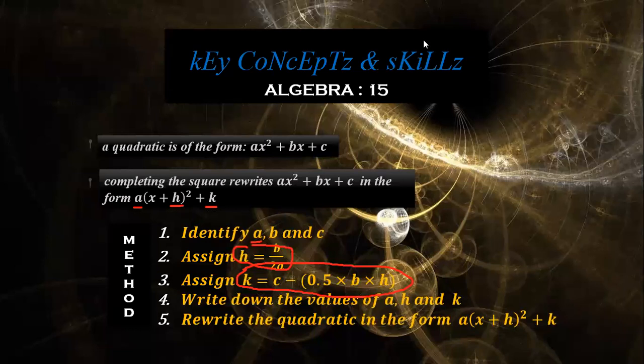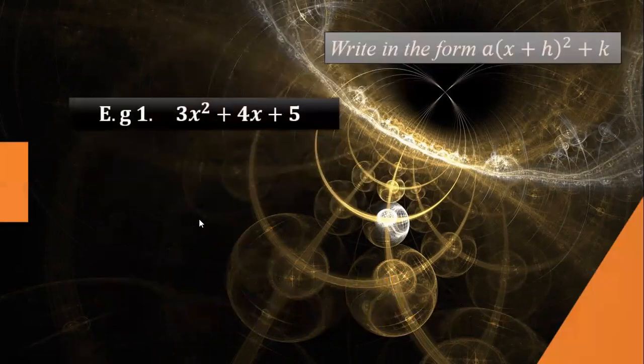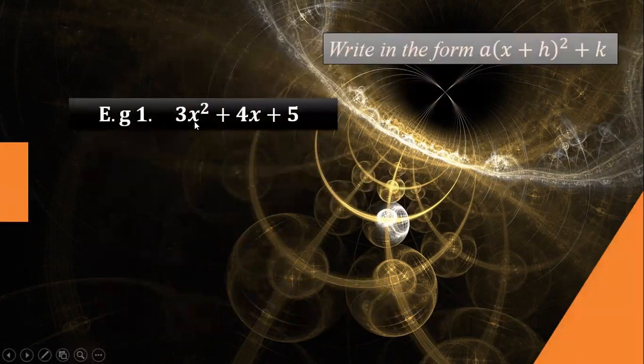Hey everyone. So I hope you all took this down, and based on that, we're going to use this method to express this quadratic expression in the form a(x + h)² + k.